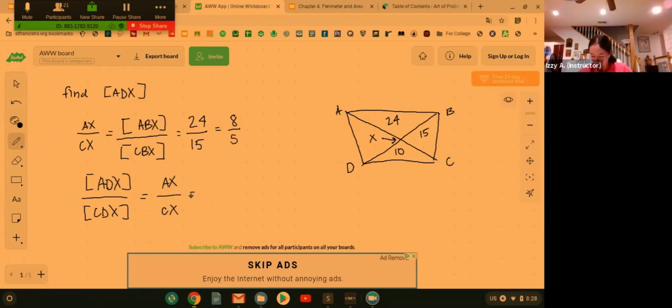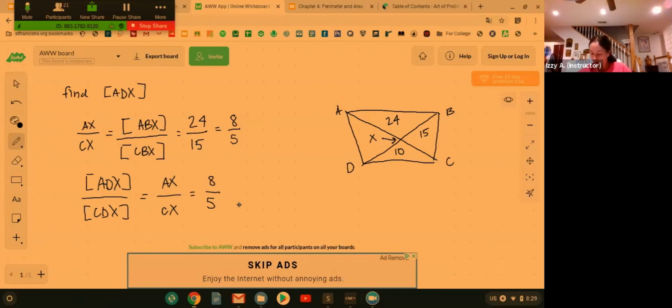As you can see, we are setting up another ratio again. And we know that AX over CX is equal to 8/5, so that means that this ratio is going to be equal to 8/5.